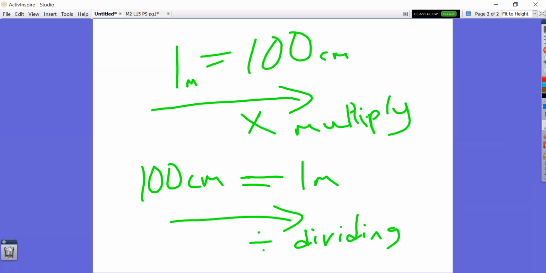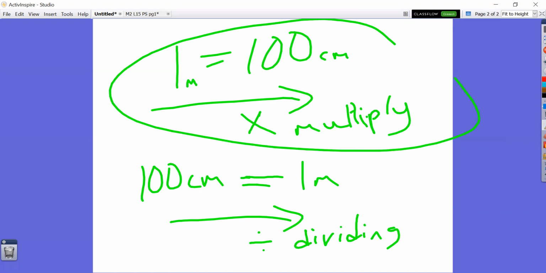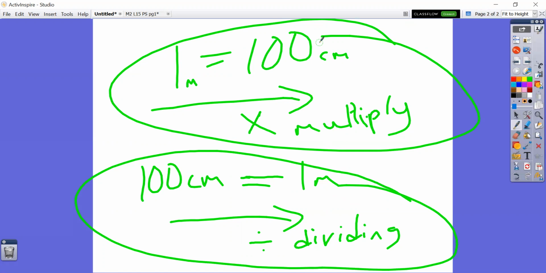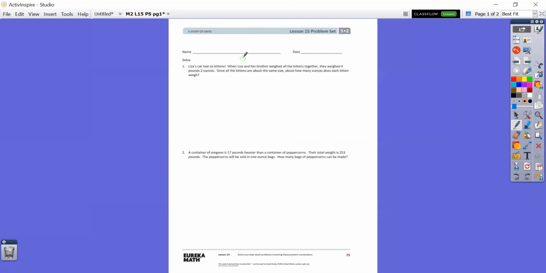So we're going to use this week's lessons of converting our units on our word problem. So we're looking to see if our units are getting smaller where we multiply, or if our units are getting larger and we divide. So without further ado, let's get into it.